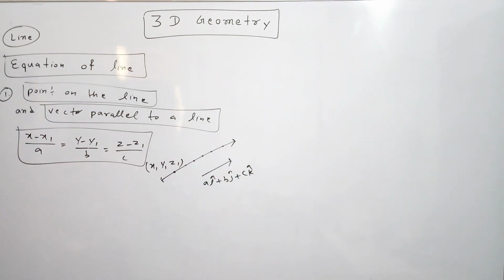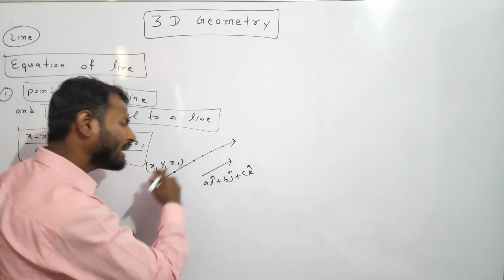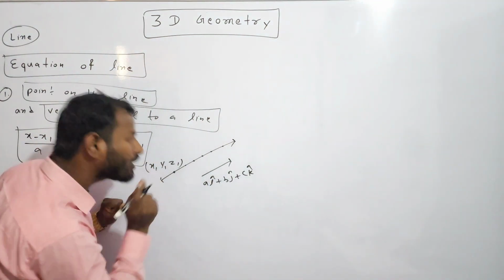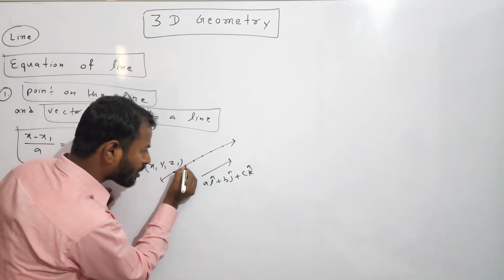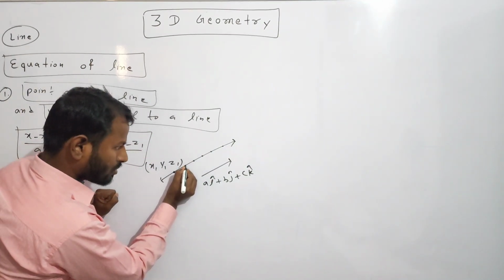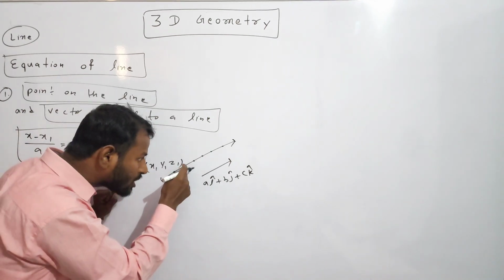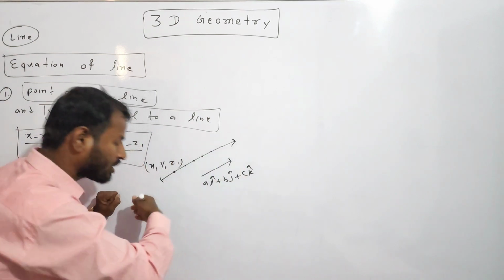For finding equation of line, let's say we assume a variable point on this line. As this is a variable point, this point can move along this line, this side or this side.